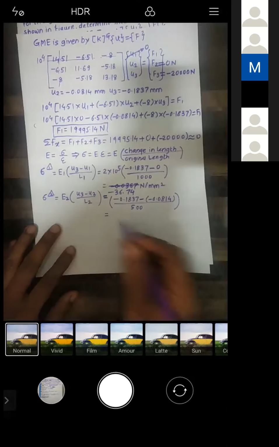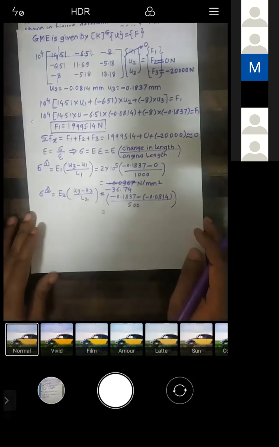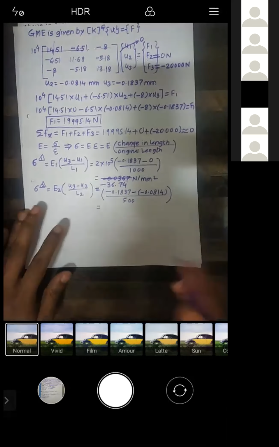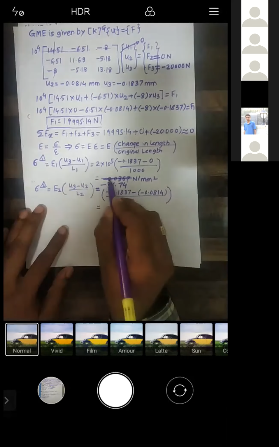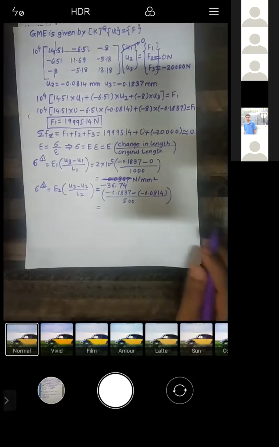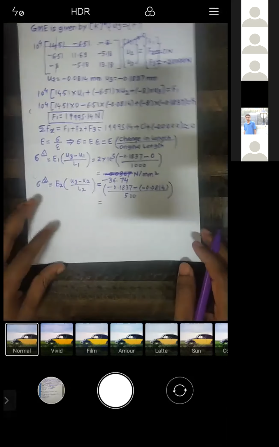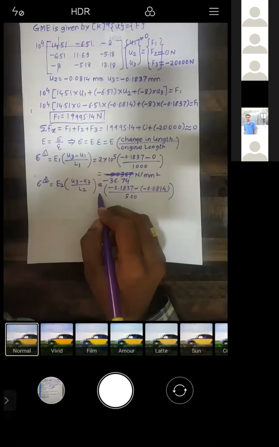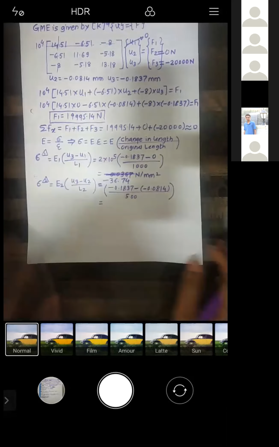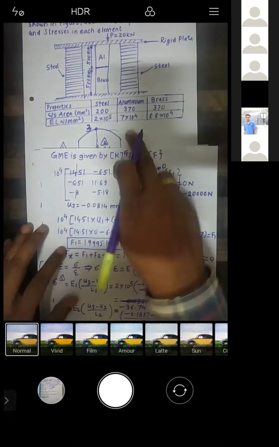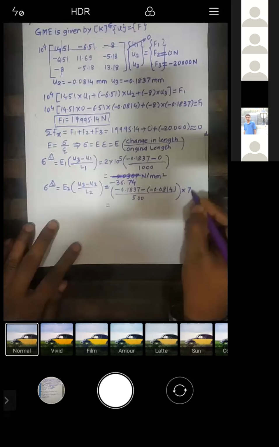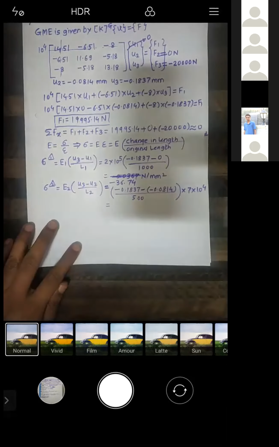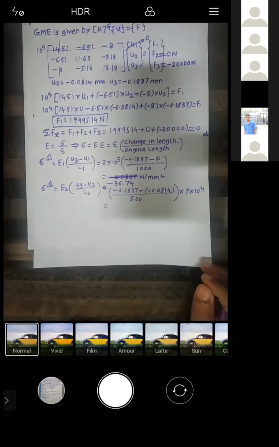Sir, we will multiply by 7 into 10 to the power 4 also? E value 7 into 10 to the power 4, that is to be multiplied here only. I forgot to mention that value there. Into 7 into 10 to the power 4.